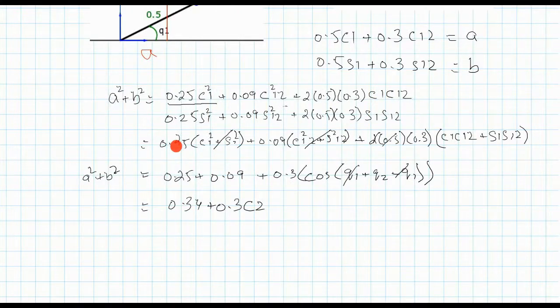Okay, if we go ahead and simplify these equations, after simplification we get a squared plus b squared is equal to 0.34 plus 0.3 times cosine of q2. We can further write it like this.